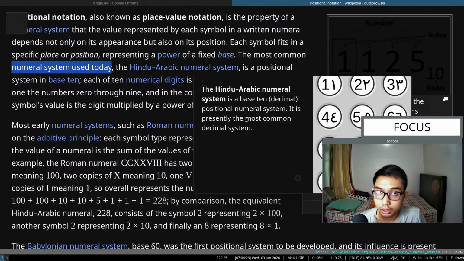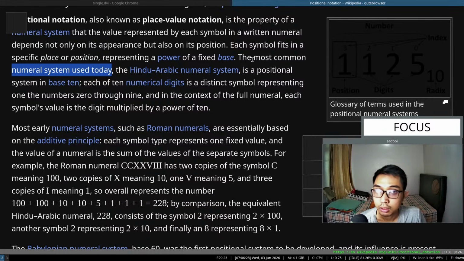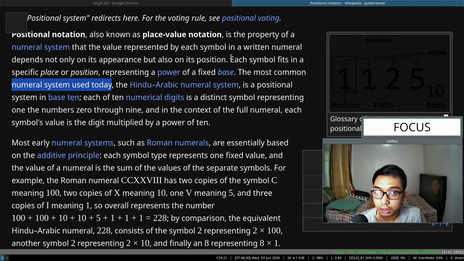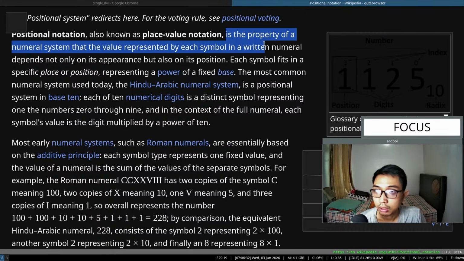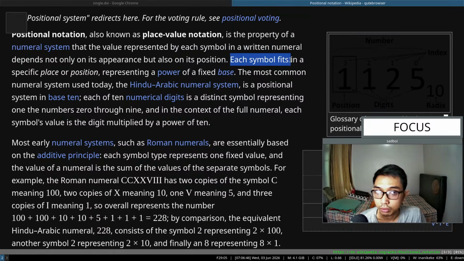Oh, okay. Wait, the value represented by its symbol in a written numeral depends not only on its appearance but also on its position. Its symbol fits in a specific place or position, representing a power of a fixed base.